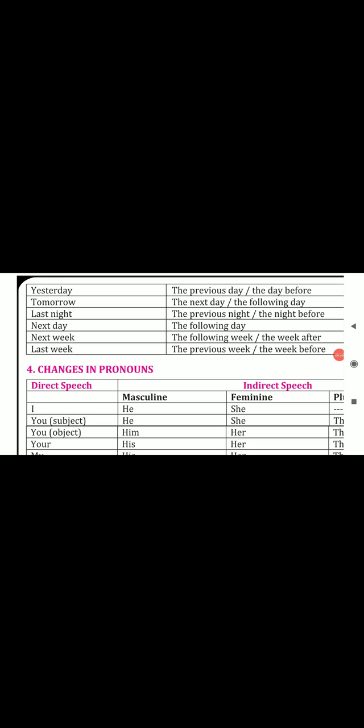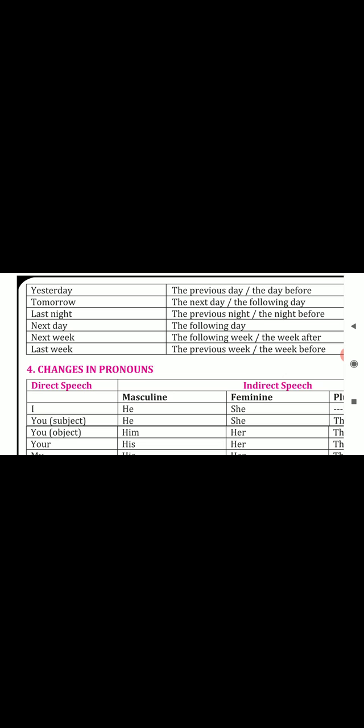Next, yesterday in direct speech becomes the previous day or the day before in indirect speech. Likewise, tomorrow can be changed to the next day or the following day. Last night can be changed into the previous night or the night before.